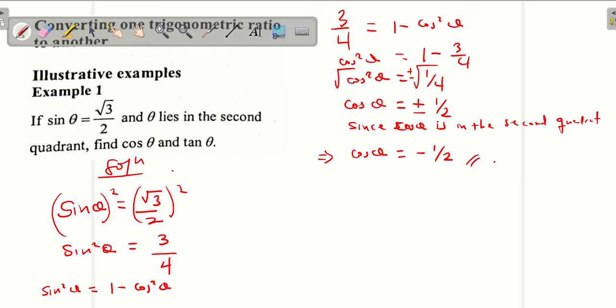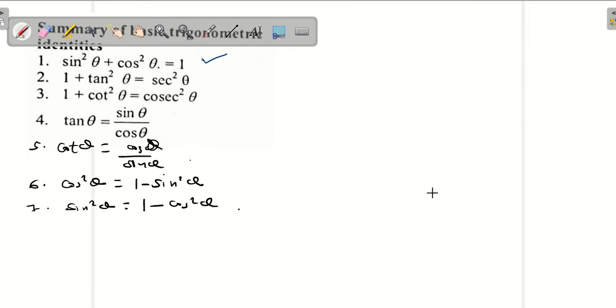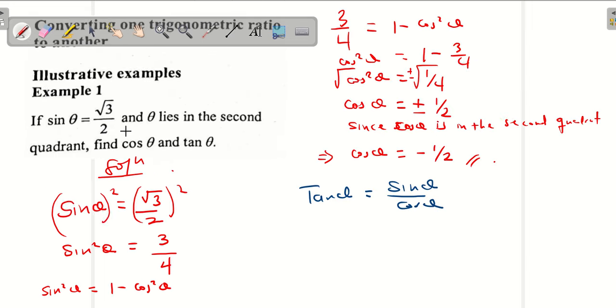Now, we can still apply the fact that tan theta is equal to sin theta over cos theta. So this means that sin theta, which in the question is root 3 over 2, and cos theta, which we now have as negative 1 over 2.